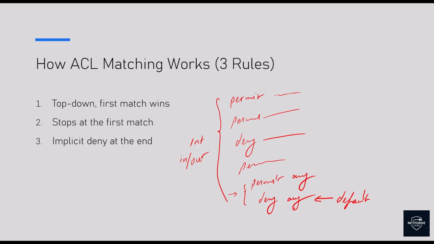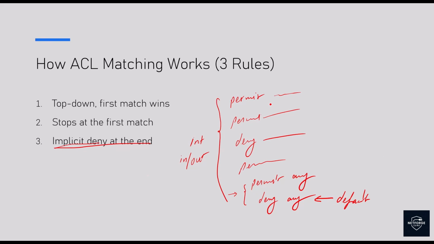Sometimes you want to say, okay, I want to permit something, so I want to have a permit any. If you do not do that, the deny is going to be applied. You can do it yourself, but if you do not, it is going to be there all the time. That is called an implicit deny, at the end of everything that you have in your network.